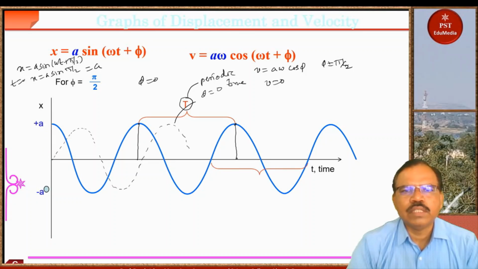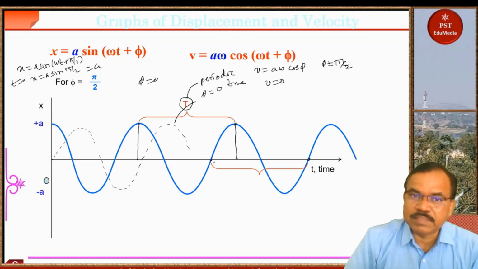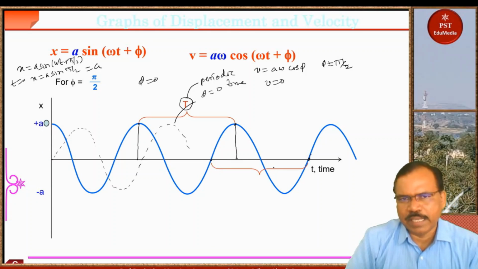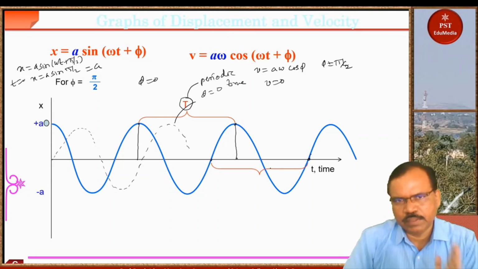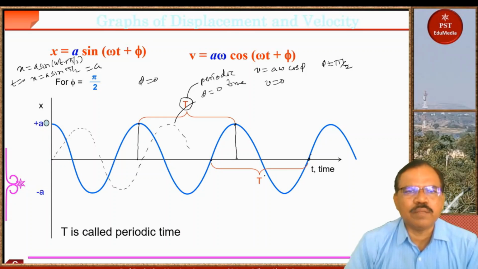Now this is also periodic time, from x is equal to 0 to x is equal to 0, in the same sense: from this point x will increase along the positive direction, so the same point, the phase is the same. So here also this is periodic time. T is called periodic time.